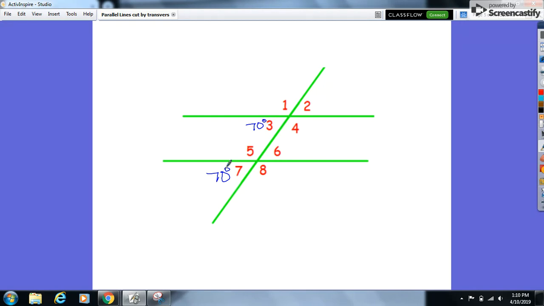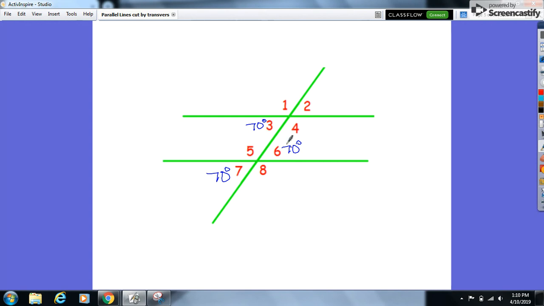Now, if I think about what I learned with vertical angles, if I know that angle 7 is 70 degrees, opposite of angle 7 is angle 6. They touch at the vertex. Vertical angles are congruent. Now, what I also notice, hey, look, these two are the same. You know why?